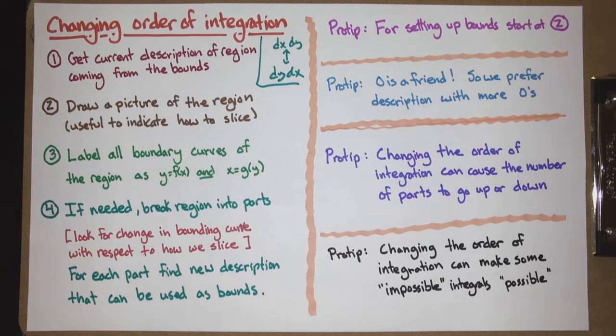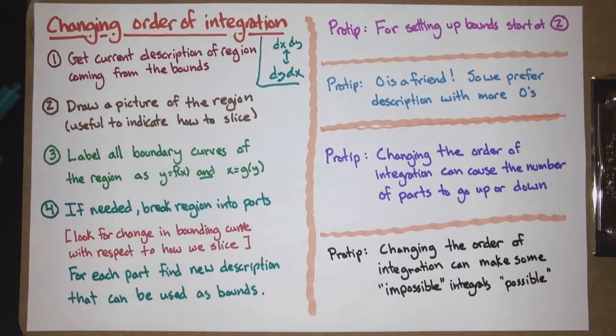And if you have a change in your bounding curve, you have to change the description. So that's a place where you say, let me break my integral into pieces. Now, for each part, find a new description. All right, so the process is fairly straightforward once you start doing a couple of them. So we'll have time to do at least one more before we finish today.